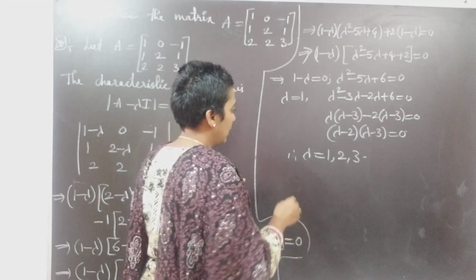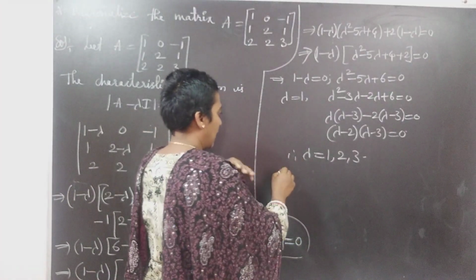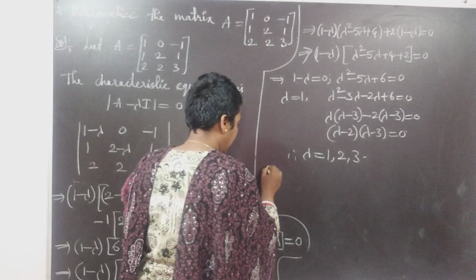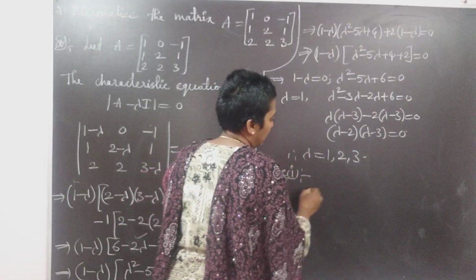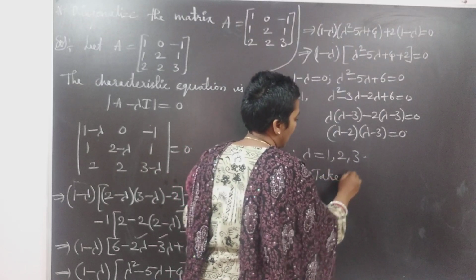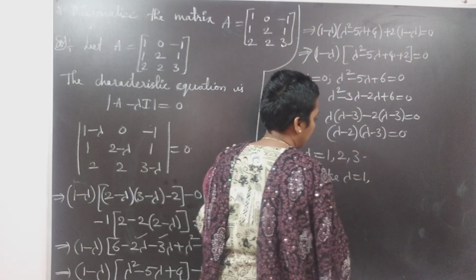Now we find the eigenvectors. Case 1: take lambda equal to 1.